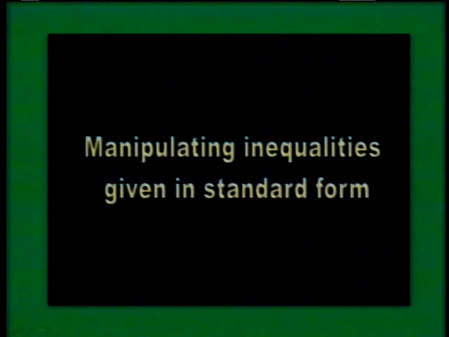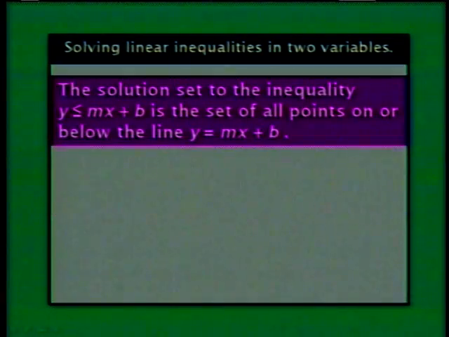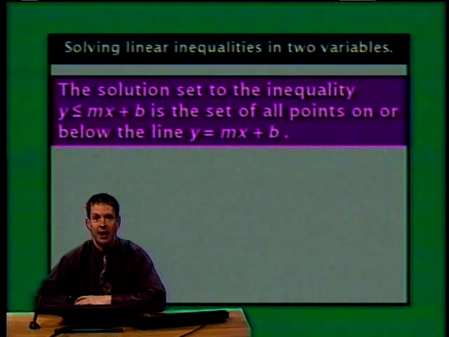So let's talk about manipulating inequalities given in standard form. But before we get to a specific example, let's review what Candace was just talking about. The solution set to the inequality y is less than or equal to mx plus b is the set of all points on or below the line y equals mx plus b.